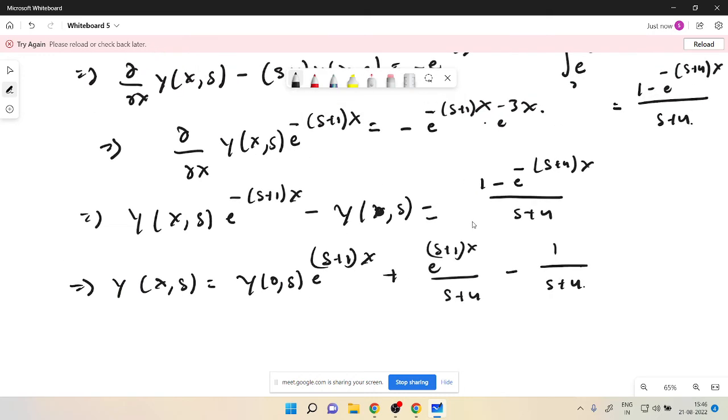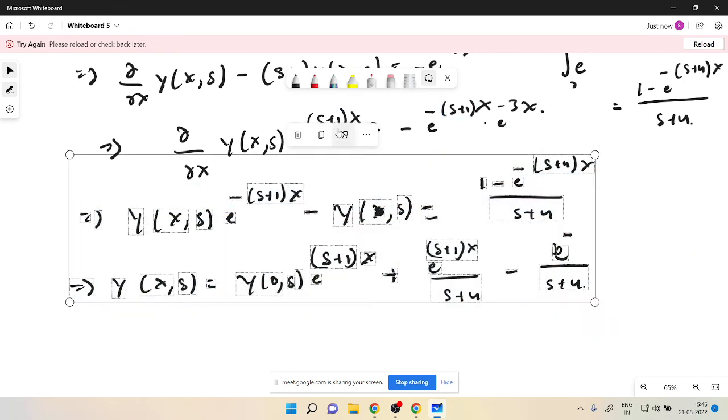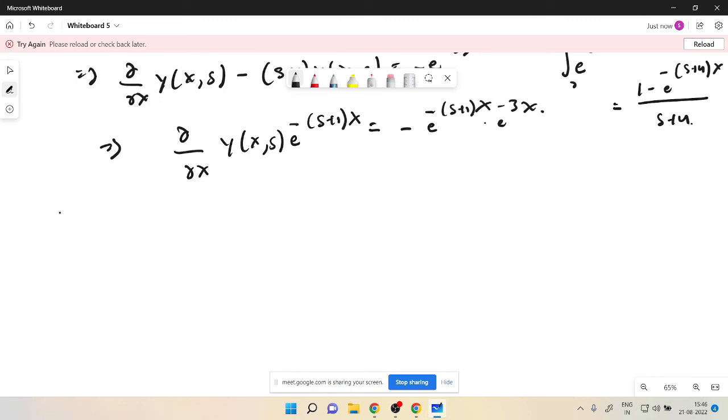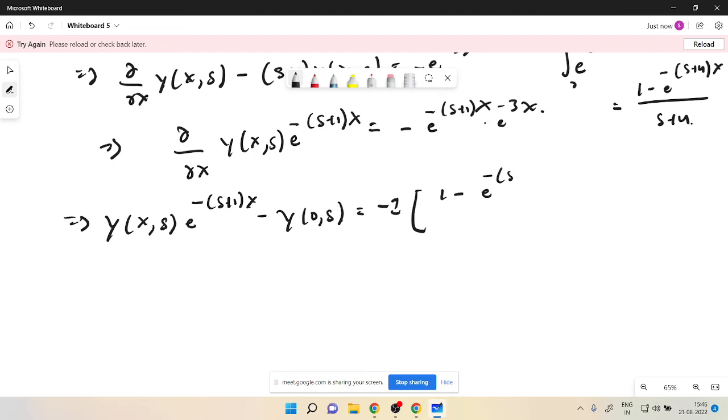Okay, sorry, I made a small mistake. Here, Y of x comma s e to the power minus (s plus 1)x minus Y of 0 comma s is equal to minus 1 times (1 minus e to the power minus (s plus 4)x) by (s plus 4).